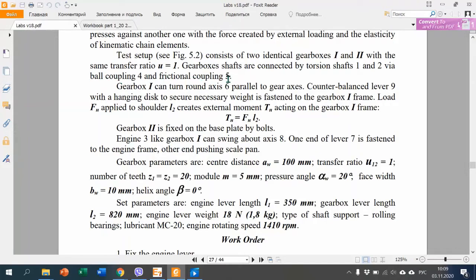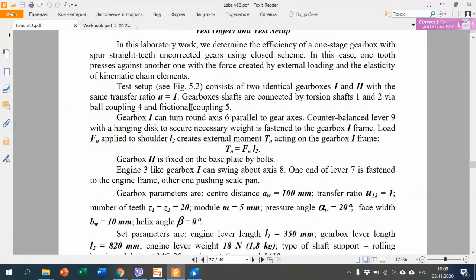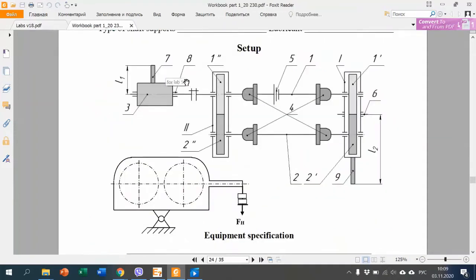And number 5 is frictional coupling. 6 and 8 are axes. Axis 6 and axis 8.